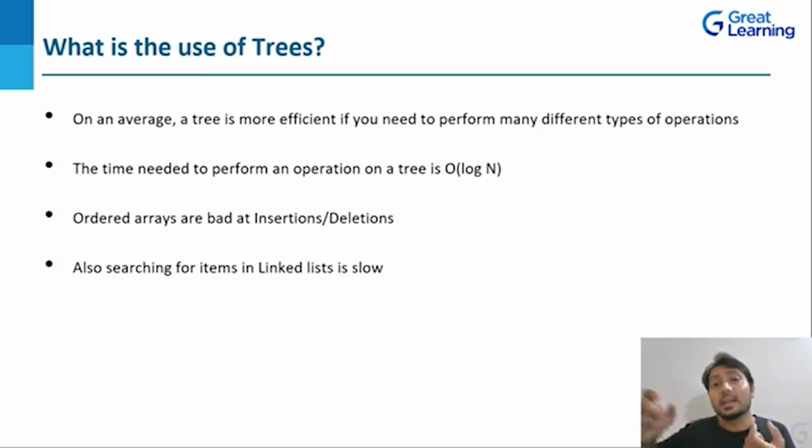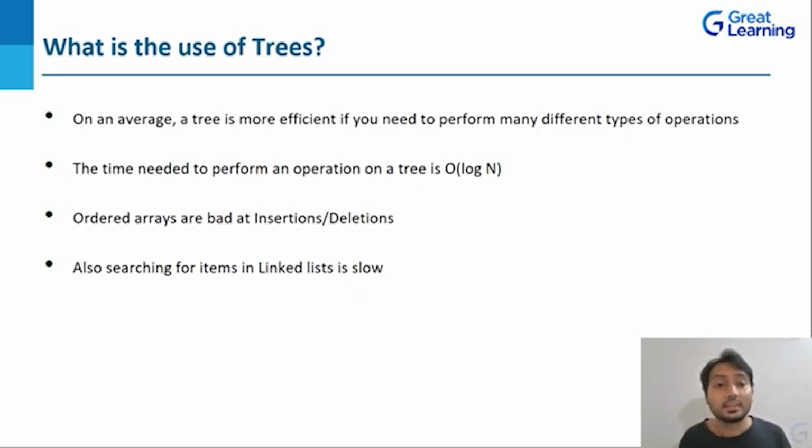If that value is present at the end of the array, then from the beginning till the end of that array, you have to keep on traversing until you find that particular element. But that is not the case with a tree. Why? We are storing the data in a hierarchical format, and we have different methods through which insertion, deletion, or search operations can be optimized. But that is not possible in an array as compared to a tree.